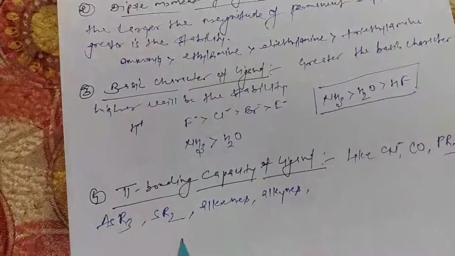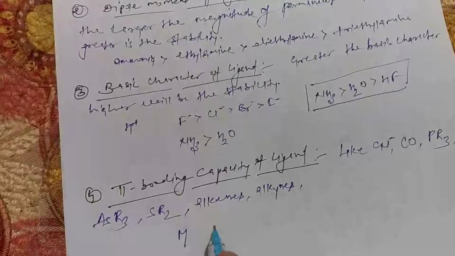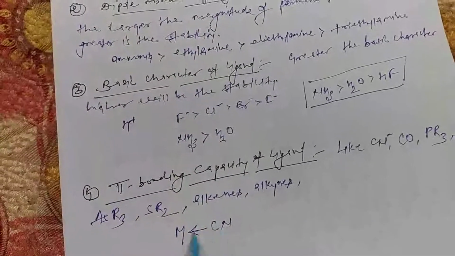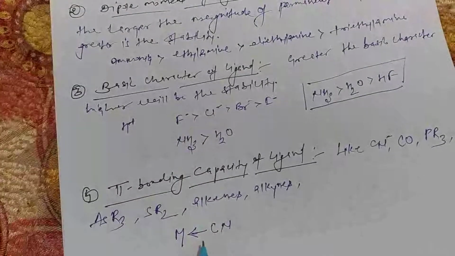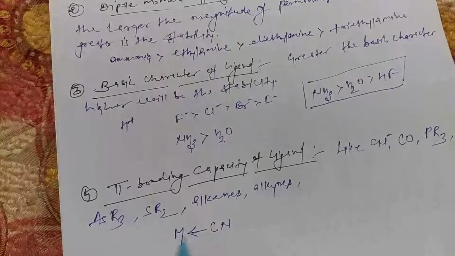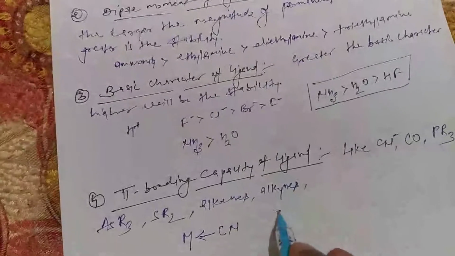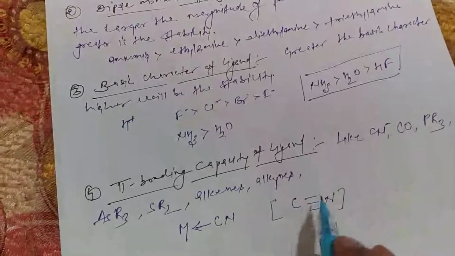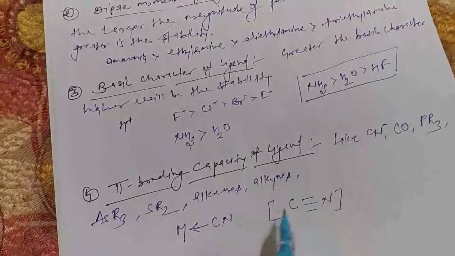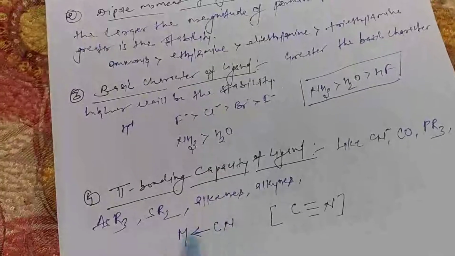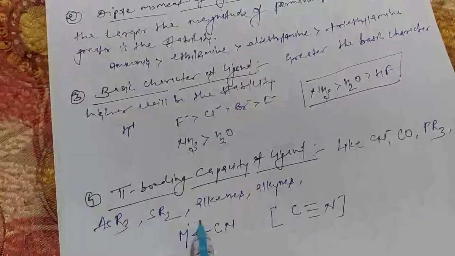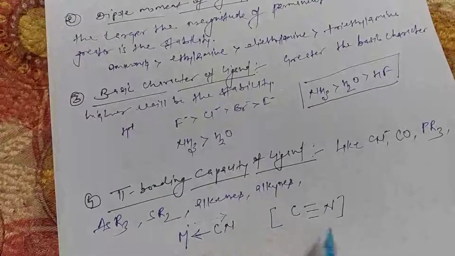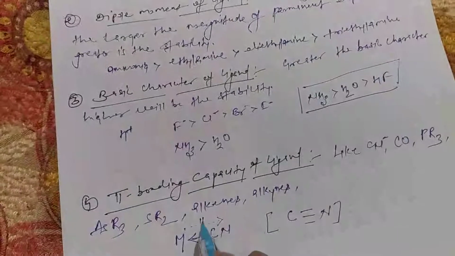Because we know that this is a metal, and suppose your ligand is CN. This is donation of an electron pair from ligand to metal. But CN is actually C triple bond N, so there is a pi bond formation between metal and ligand, from the empty d orbital of the metal to the ligand.